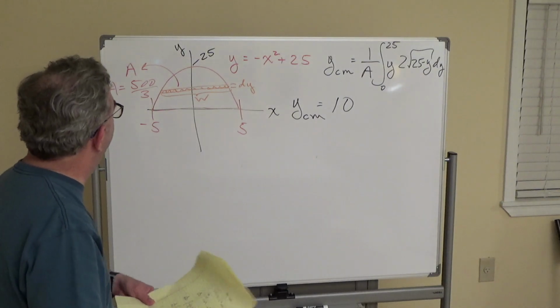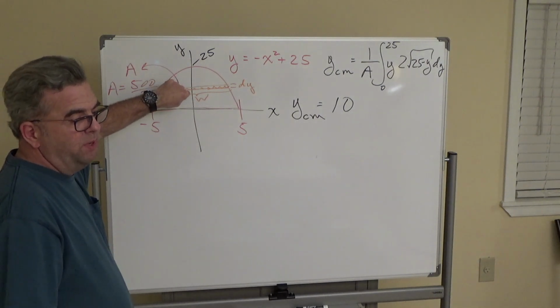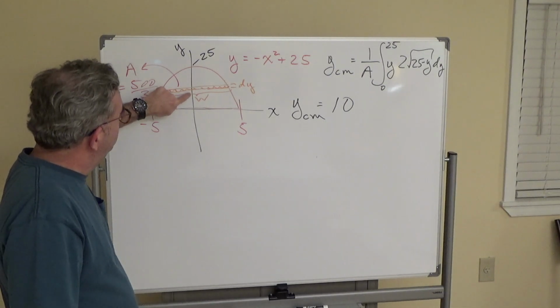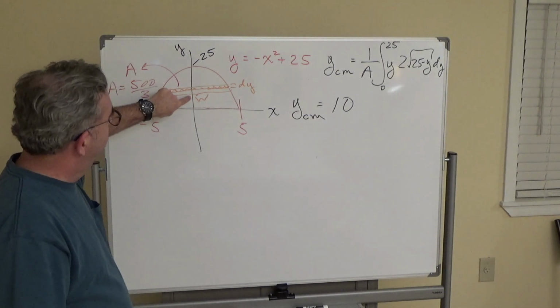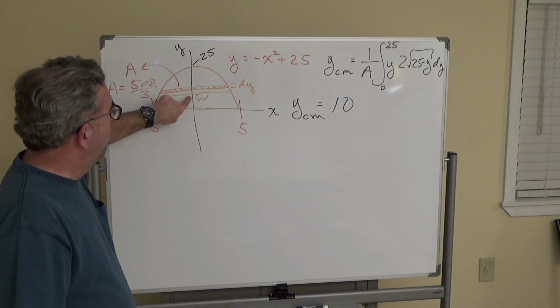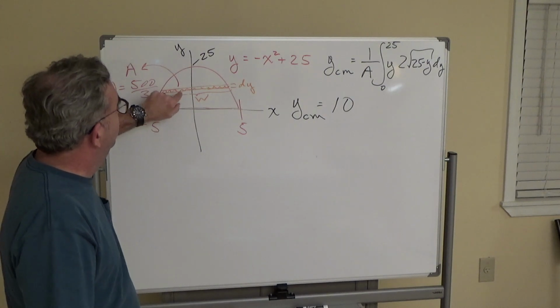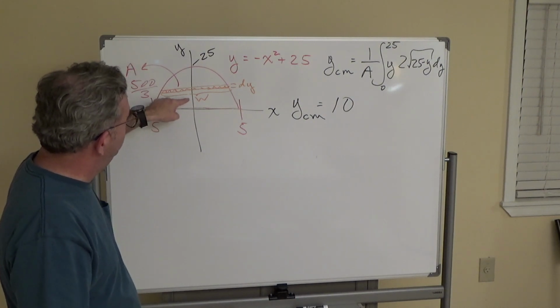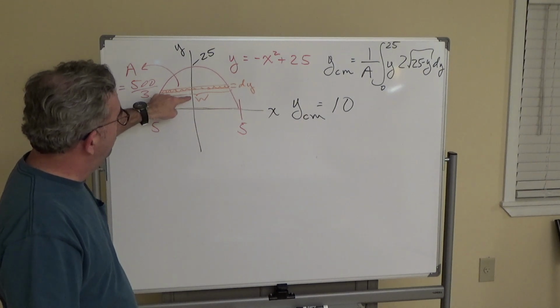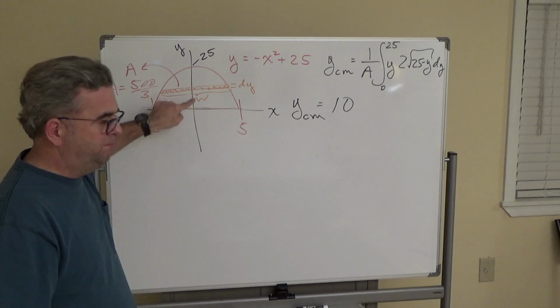So y center of mass, if this is 25, the halfway point is going to be 12.5, so it's about down here somewhere. That makes sense. You're looking for the point where you've got as much mass times position up here as mass times position down here, so the balance point ends up being somewhere around here.